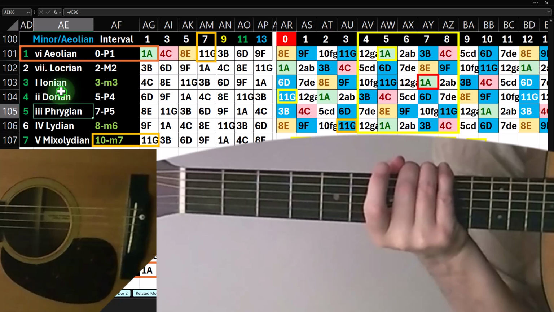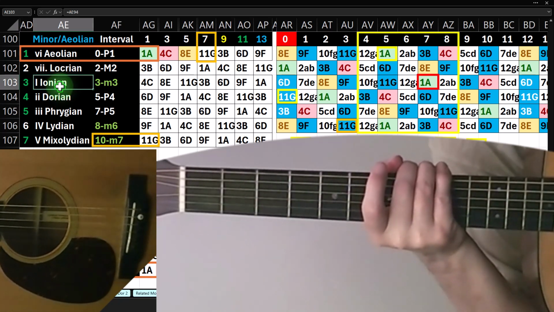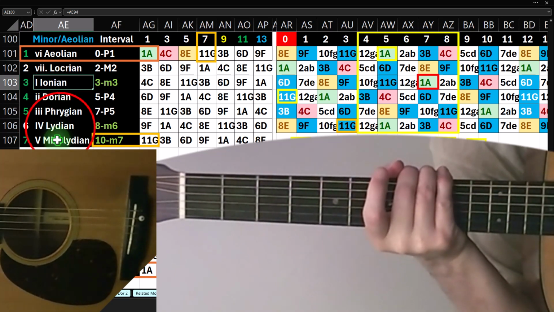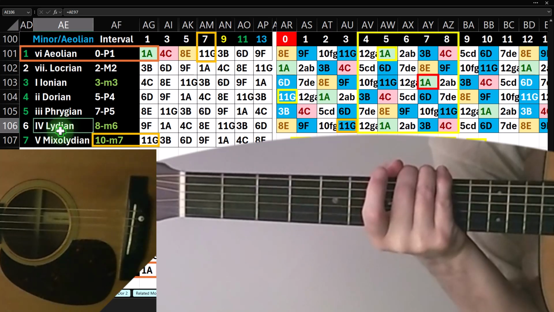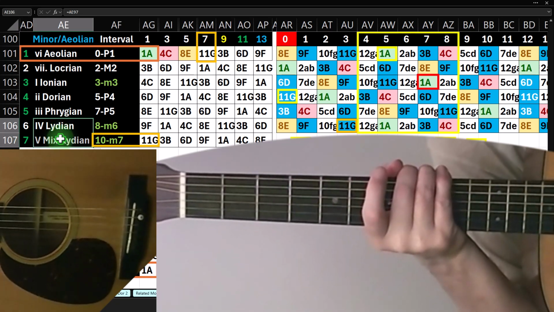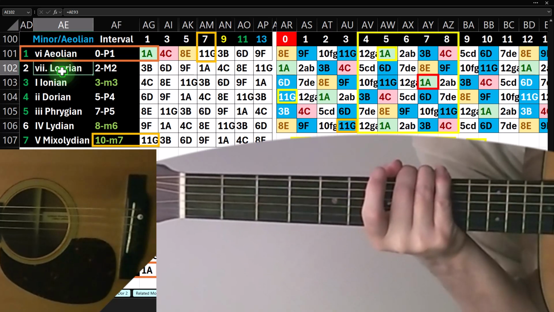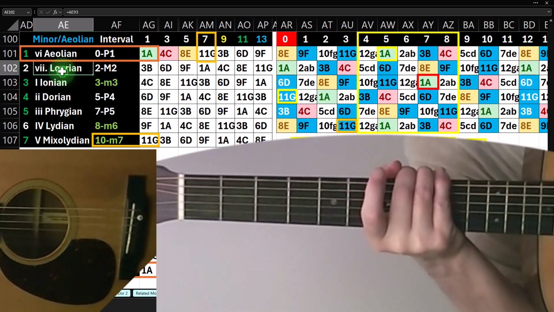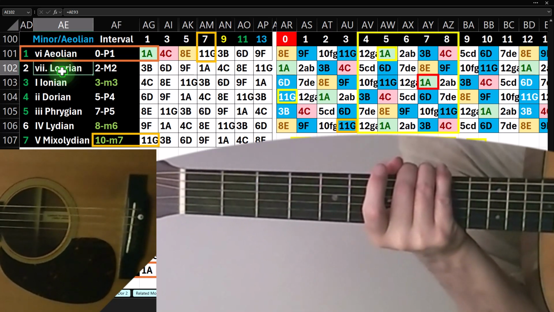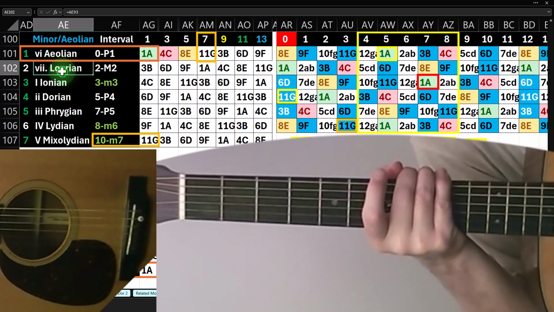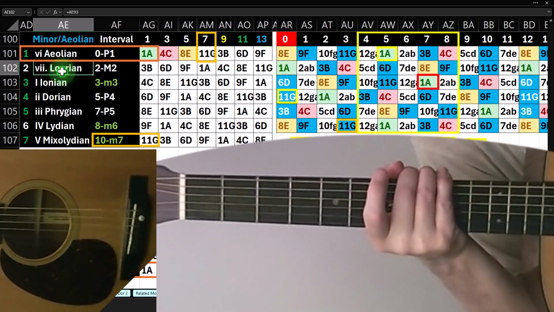Then the 6 and 7 are going to be the majors, and the funny one is the 2 in that case. So we just start to remember that the 1, 4, 5 in a major key are all the majors, and the 1, 4, 5 in the minor are the minors. It happens to work out that way.